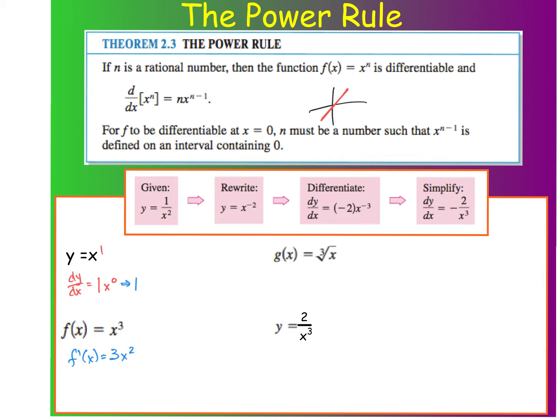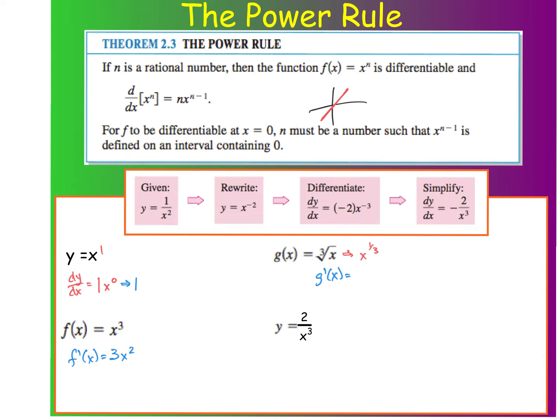I have g of x is equal to the cube root of x. Now, this would honestly suck using the definition of the derivative. But let's change the way it looks. Before we take a derivative, I would rewrite this as x to the power of 1/3. Now, when I show I'm taking a derivative, I would say g prime of x.